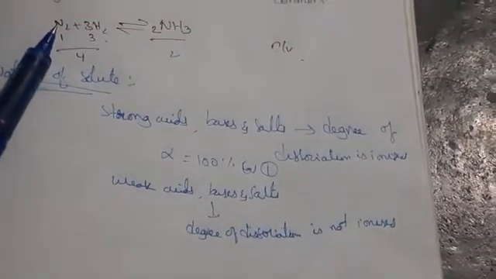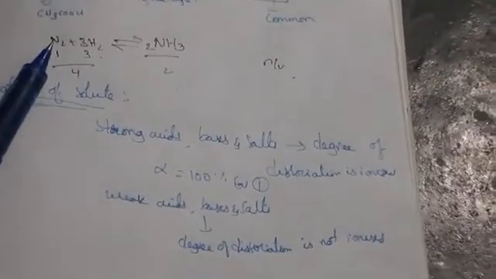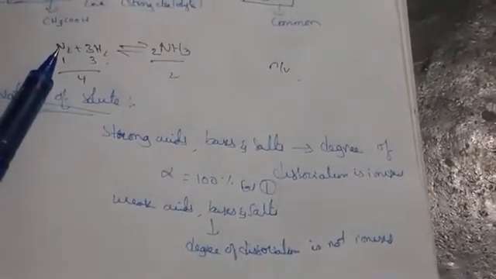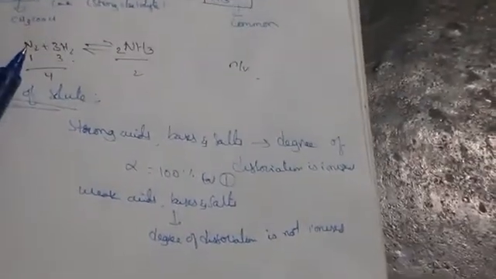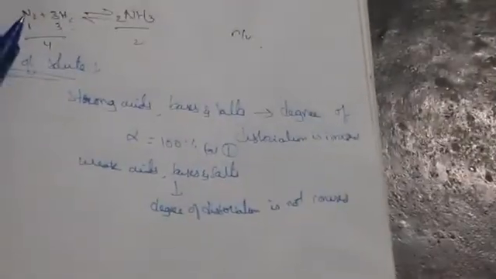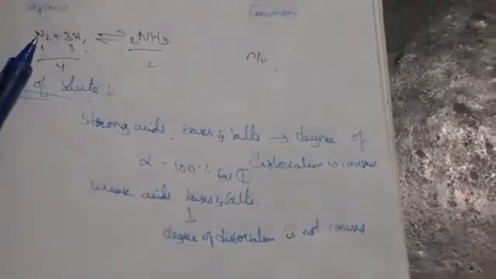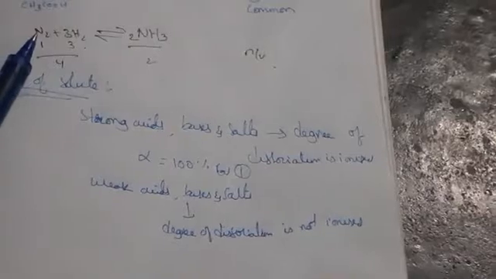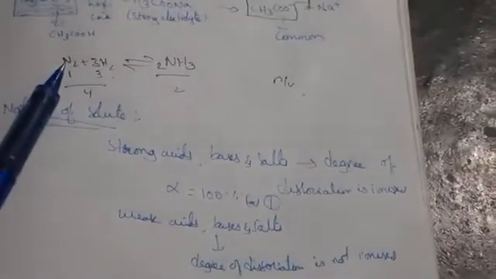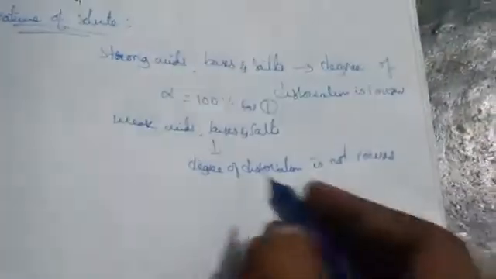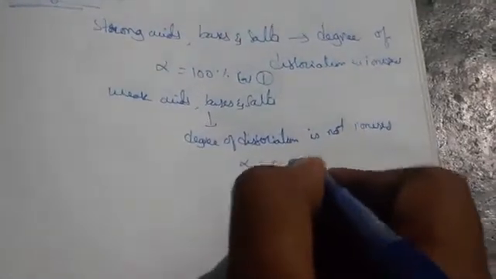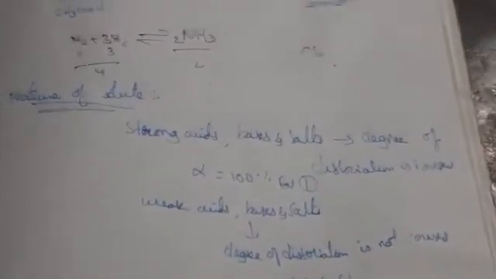If you take acetic acid, ammonium hydroxide, calcium hydroxide and similar weak acids, bases and salts, they are not completely ionized. The alpha value is not 1; it gives a small value like 0.01. So the degree of dissociation depends upon the nature of the solute.